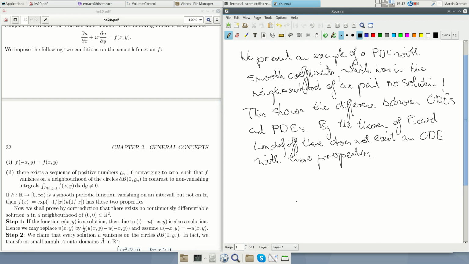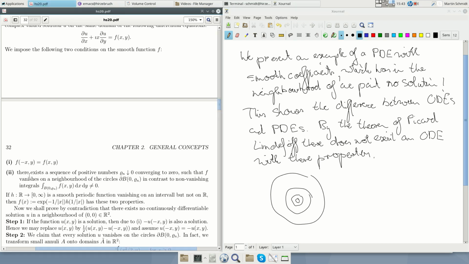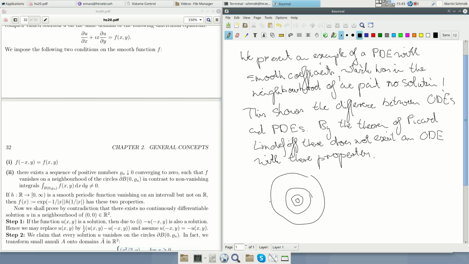And the second property is that there exist circles, smaller and smaller, such that f vanishes on a neighborhood of these circles.